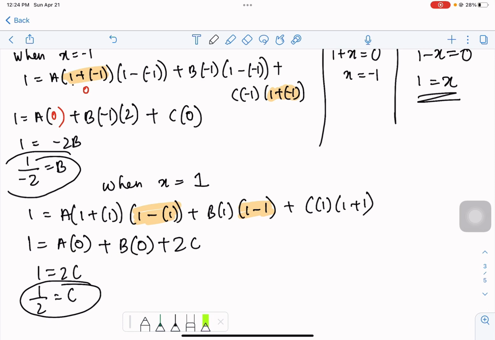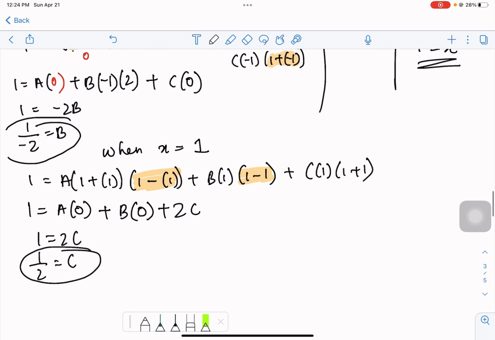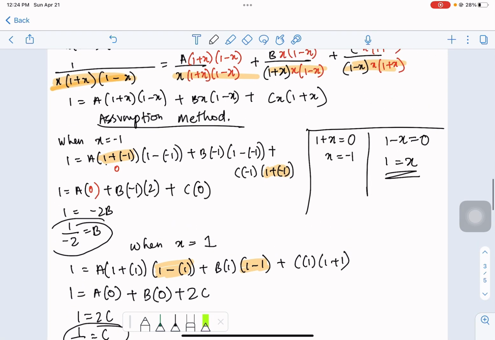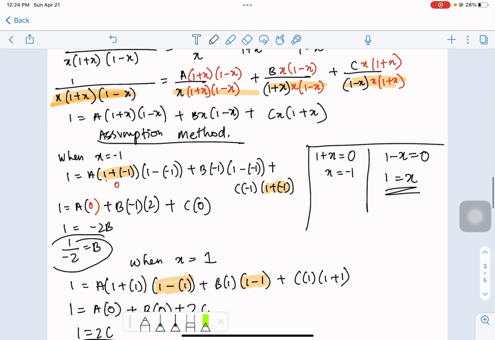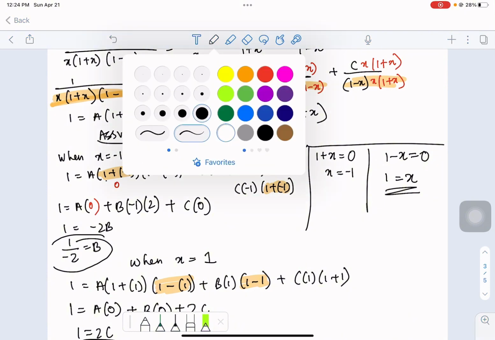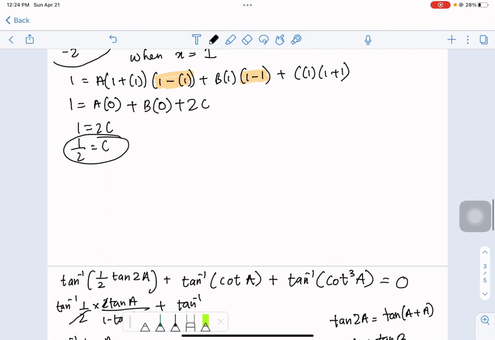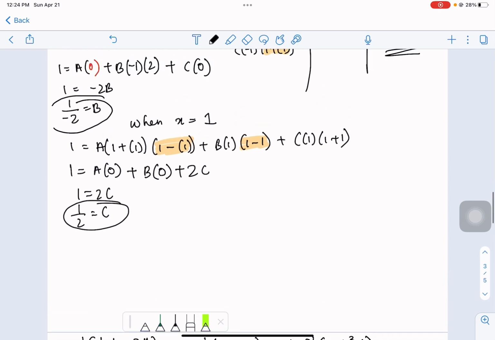Now is there any bracket left? No, but we still have x value here, right? So let x equal 0.